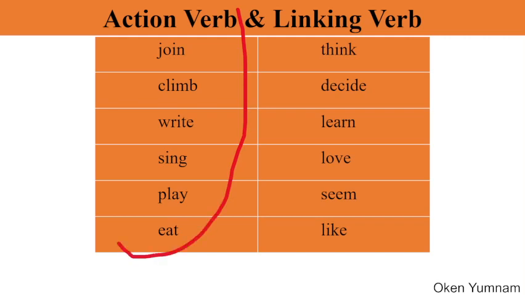This group is what we call action verbs, where you can see the action happening. But those on this side are linking verbs, like think, decide, learn, love, seem, like. The action is not visible. So there's a difference between action verbs and linking verbs. So verbs can be action or linking.